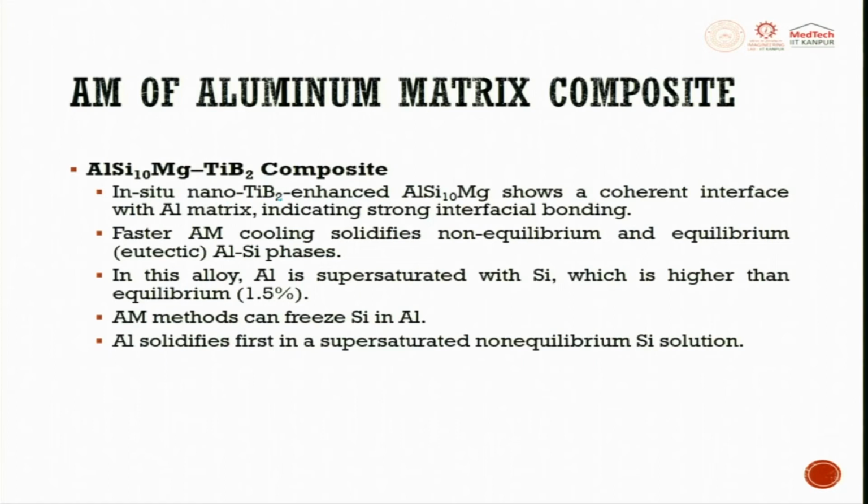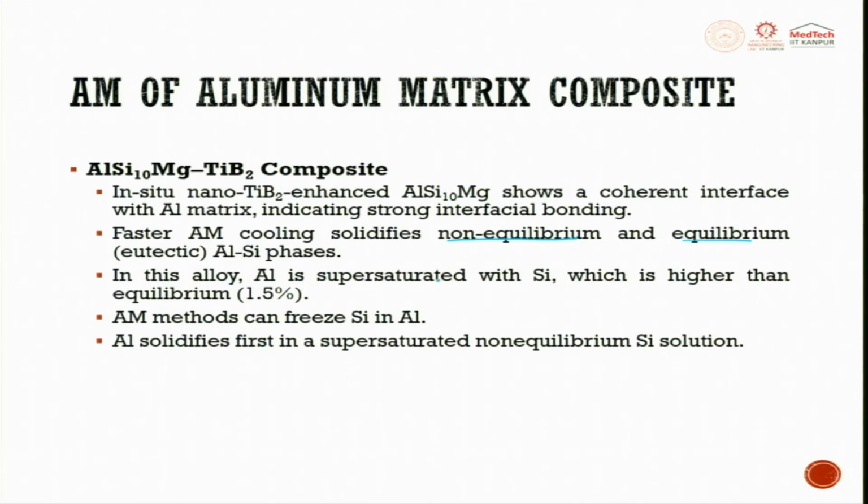In situ nano TiB2 enhanced AlSiMg shows a coherent interface with the Al matrix, indicating strong interfacial bond. Faster AM cooling solidifies non-equilibrium and equilibrium AlSi phase. It is very important to know the difference between non-equilibrium and equilibrium AlSi phase.